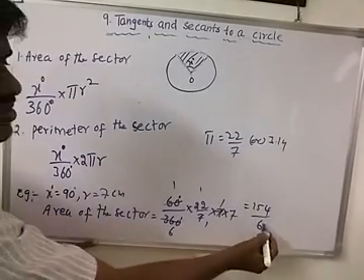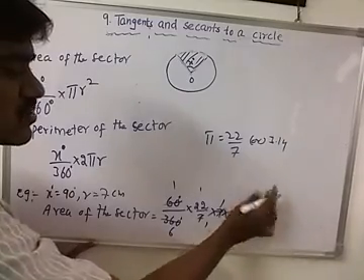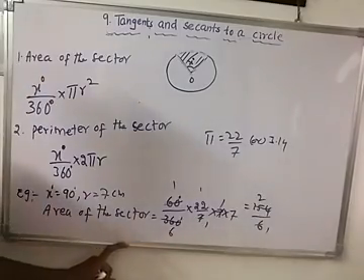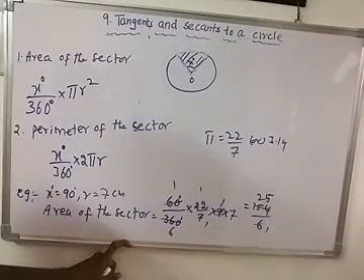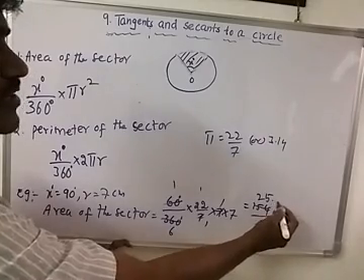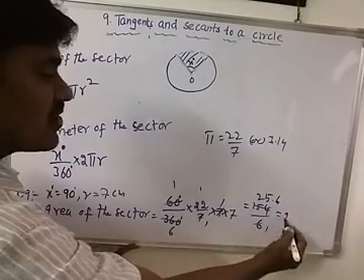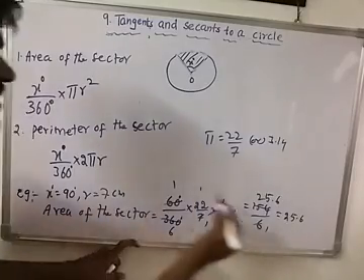Dividing 154 by 6: 6 fours are 24, 6 fives are 30, remaining 4; we put a point and take 0, that is 40, 6 sixes are 36. That is approximately 25.6 square centimeters.